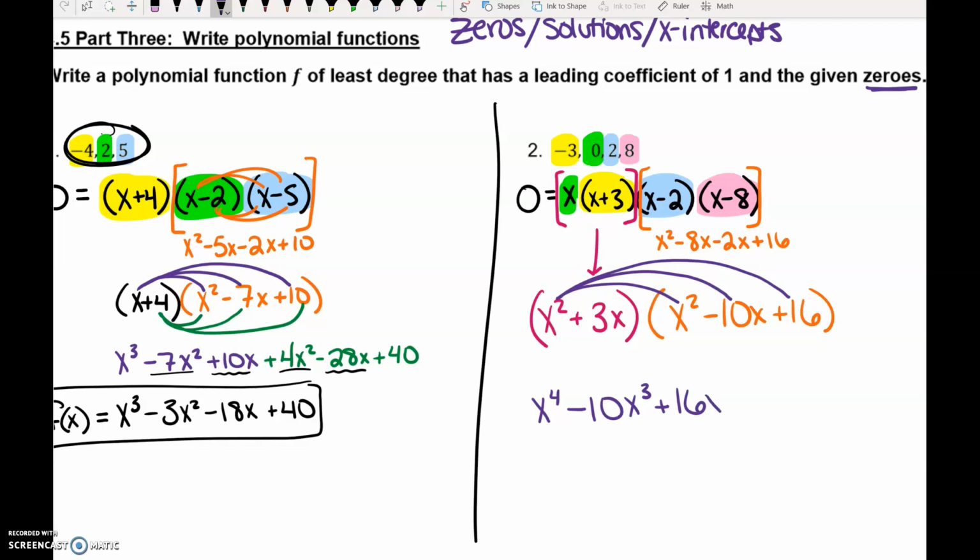And 16x squared. Three x times x squared would be 3x to the 3rd. Negative 30x squared. And 48x.